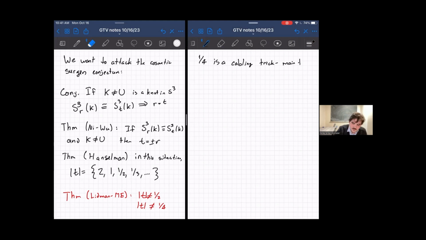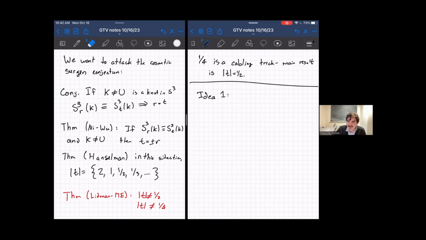The main real argument, the main place something really happens here, is the case of 1/2 surgery. So let me argue about what's going on there. There's a small number of ideas circling around here. The first is that I can fit 1/2 surgery and -1/2 surgery into a surgery triad.